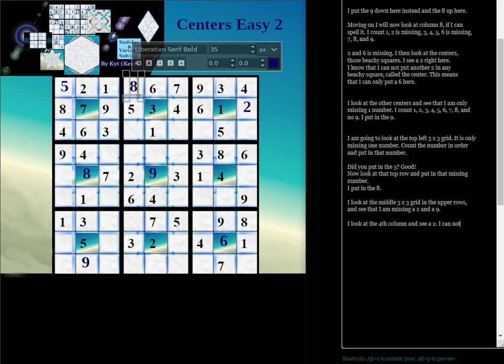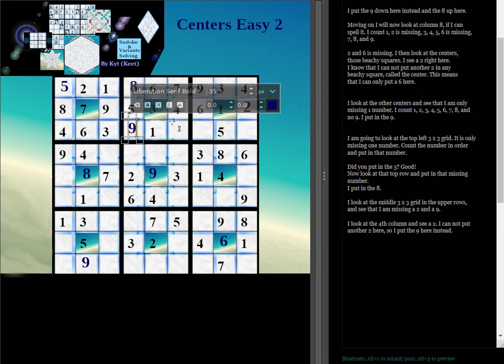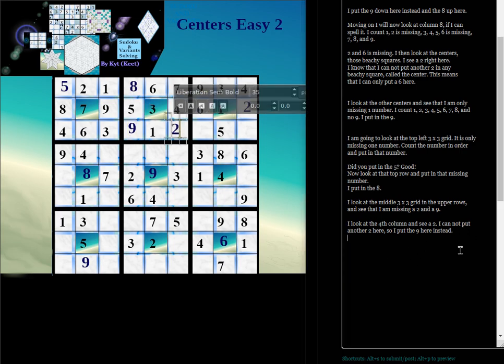I cannot put another 2 here, so I put the 9 here instead, and put the 2 in the other empty square.